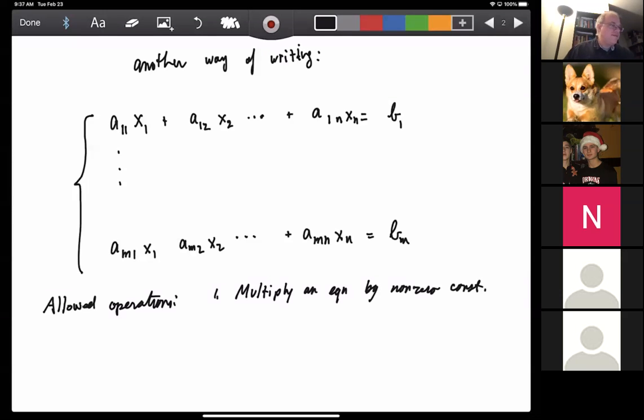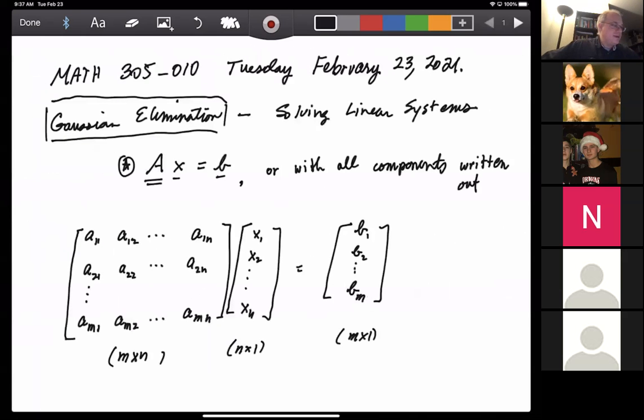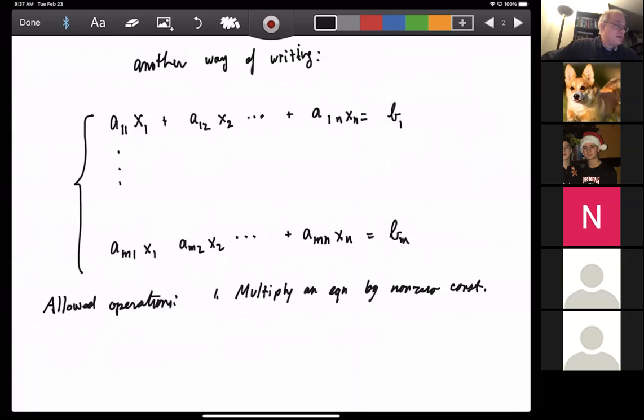Okay, so if I've got an equation, I can multiply every term through in that equation by a number like 4 or pi or 17. And I don't change the information contained in that equation. Well, in terms of our linear system, AX is equal to B, right? Multiplying an equation through by some number has the effect essentially of multiplying every coefficient, all the a's and b's for that row of the equation through by the non-zero constant.